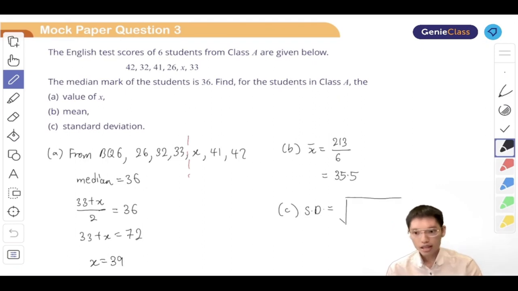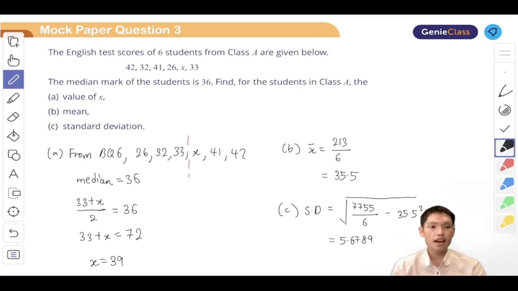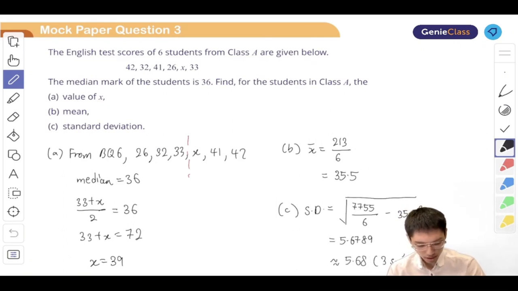Sum of the squares, you just sum them all, 7755 over 6 minus the mean squared. Therefore, rounding up to 3 significant figures, that's going to give me an answer of 568. The rest of these answers you can get through the calculator, reviewing the previous class, or remember the key values for standard deviation.